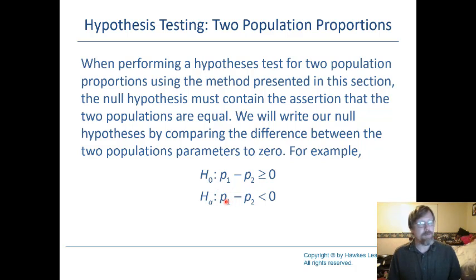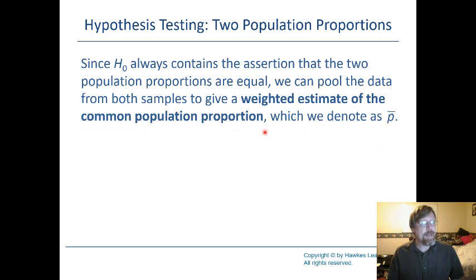It's going to be more useful in terms of calculating our test statistic, just like it was with sections 11.1 and 11.2, where we're using the difference between the two means as what we're defining the hypothesis on, because that comes into the test statistic calculation. We are adding the weighted estimate of the common population proportion, which we'll call P bar.